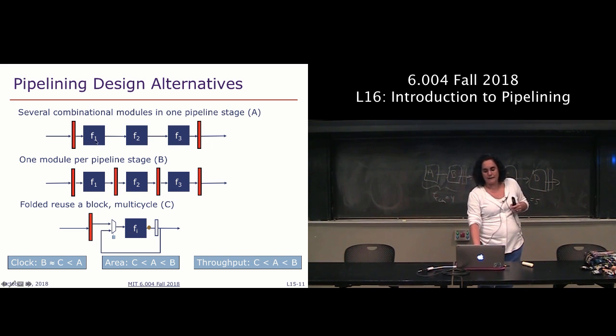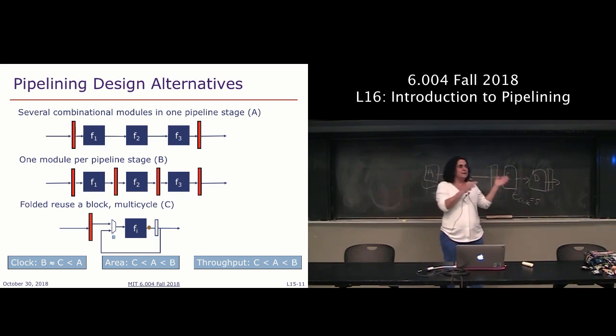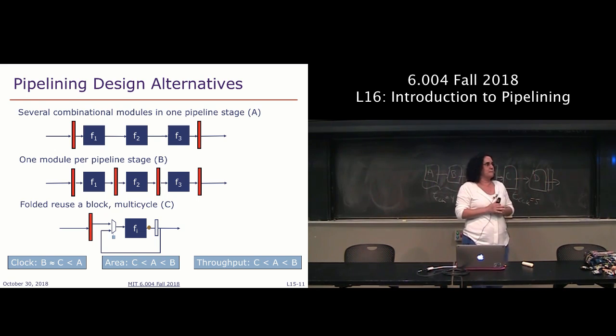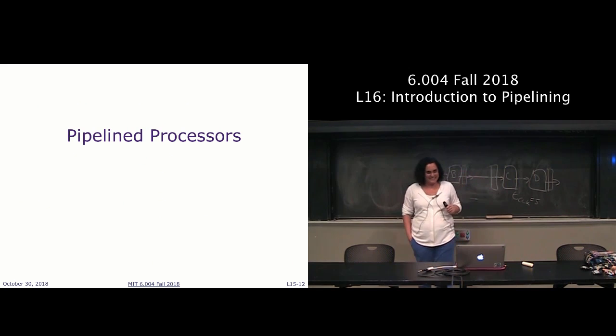Whereas in A, our clock cycle is just the sum of F1, F2, F3. And so if F1 and F2 are much faster than F3, then that clock cycle of A is going to be less than 3 times the slowest component, which is what's going to happen in the throughput for C. Okay? So I'll let that sink in, and if you have questions, we can talk more about that later.